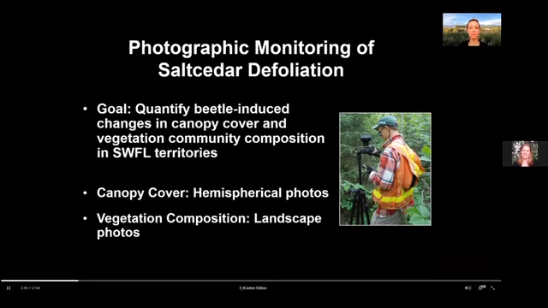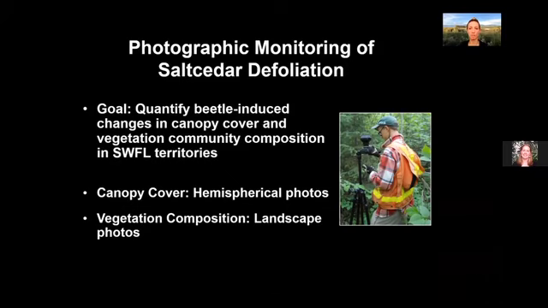And then we use a software program that's designed to classify the hemispherical photos and calculate canopy cover. 2015 and 2016 provided pre-impact, pre-Diorhabda defoliation data in most of our sites. We did not observe Diorhabda in our monitoring sites until 2017.